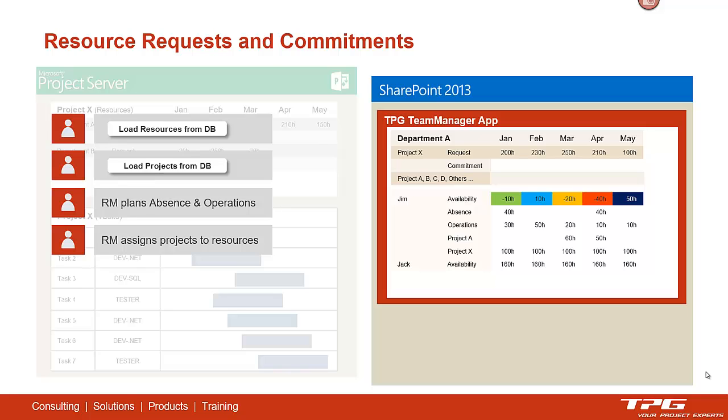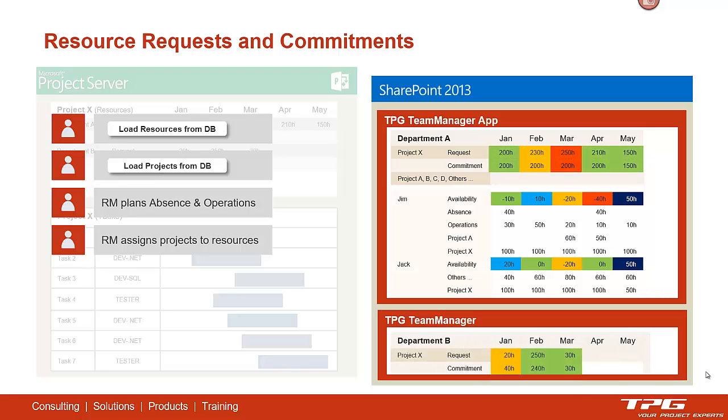He can see the allocation of a single resource based on traffic light. He can see, okay, how is my resource allocated, also the second one. And in addition to that, he can also see how it is in terms of the requests of the projects, and could I commit everything or do I have some gaps there?